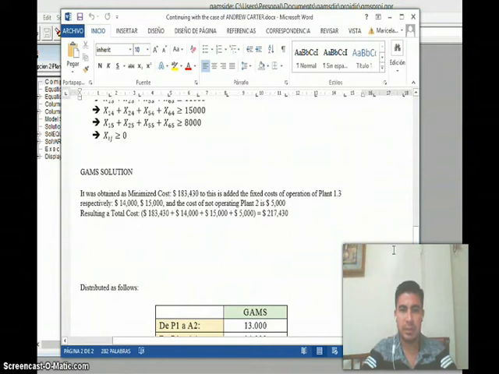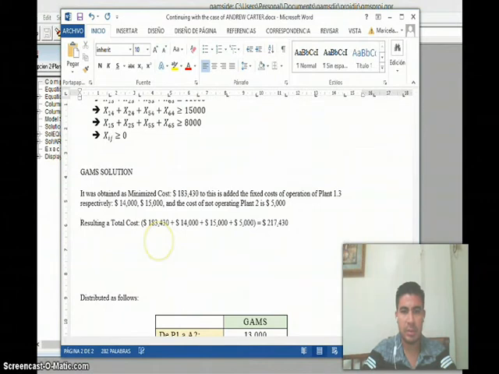To that we add the fixed operation costs of plant 1 and 3 respectively, 14,000 and 50,000, and the cost of not operating plant 2 is 500, resulting in a total cost of 270,430.